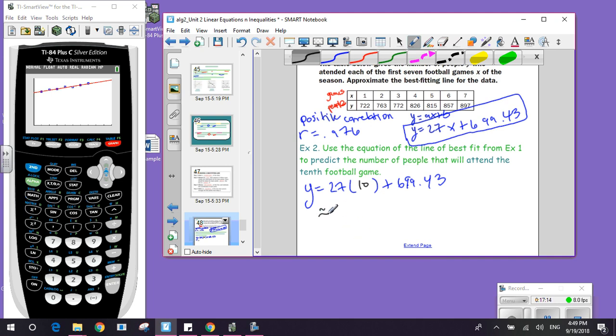Now, since I rounded, I'm going to get an approximation, but I'm going to show you in the calculator how you can use the calculator's non-rounded version to get a better answer. So second quit, if I want to use this equation, I would just type 27 parentheses 10 plus 699.43.